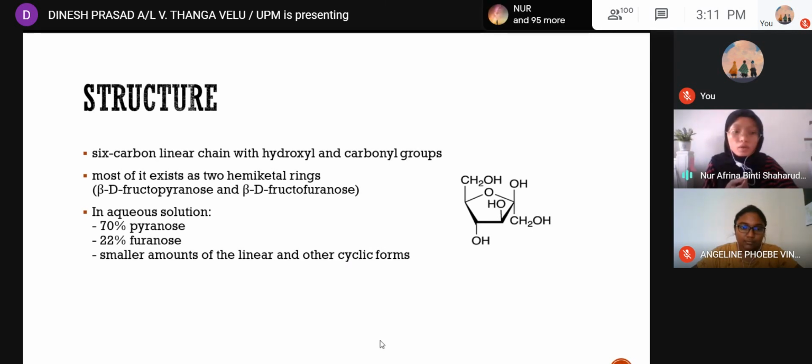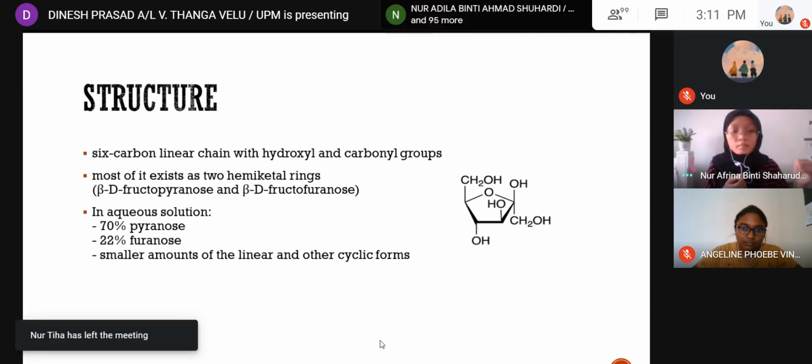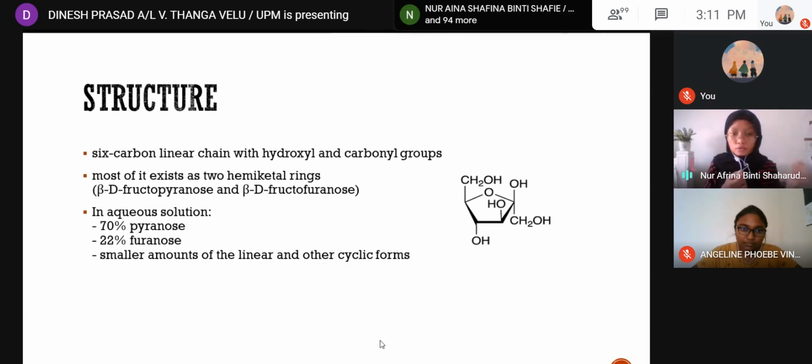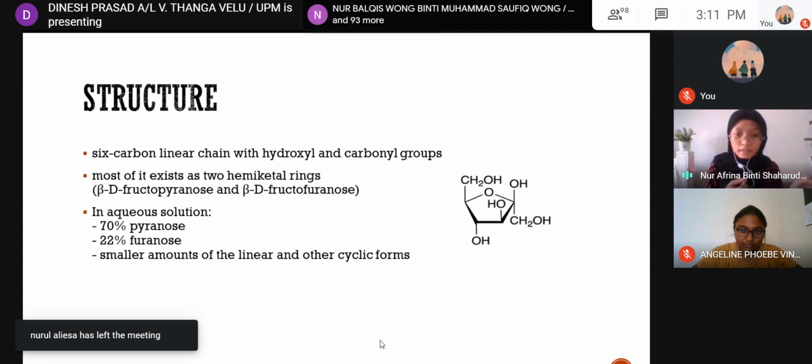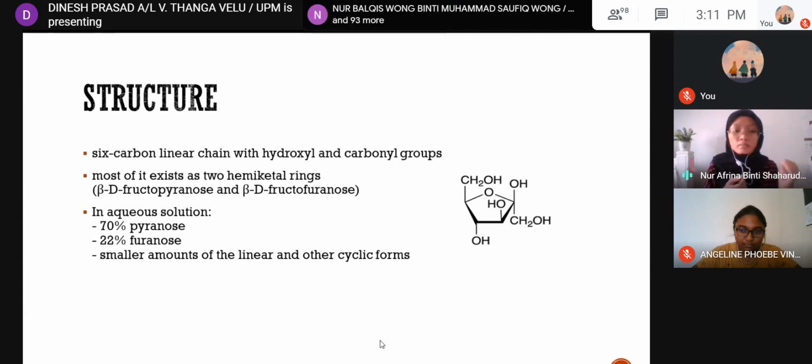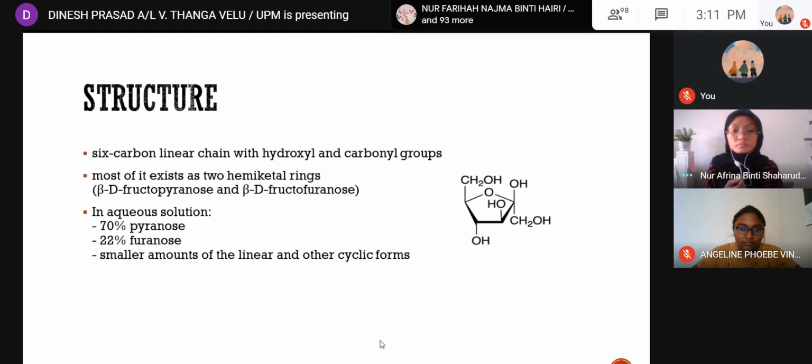The smaller amount is the linear form and the other is the cyclic form. So we can see from the 70% pyranose and 22% furanose that there is 98% cyclic form. And the other maybe 8% is the amount of the linear form.